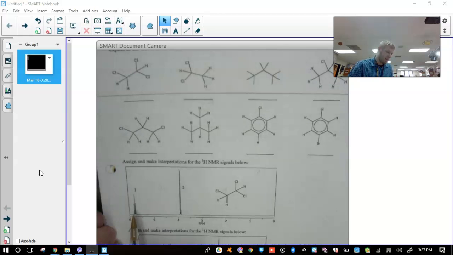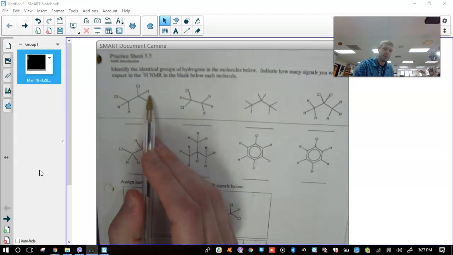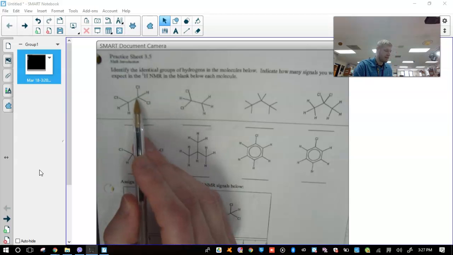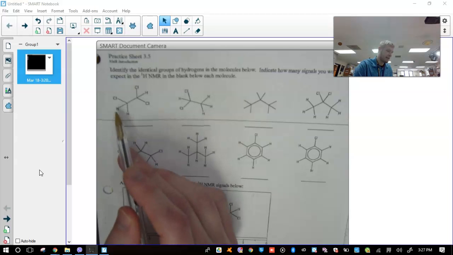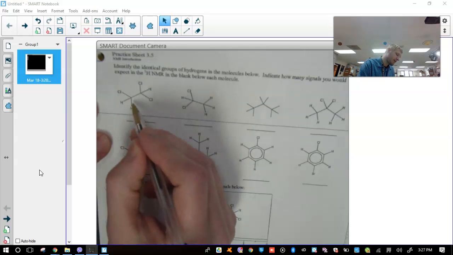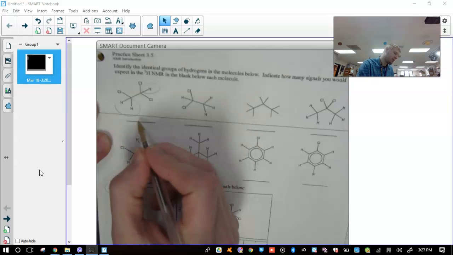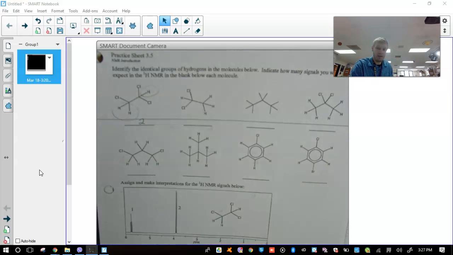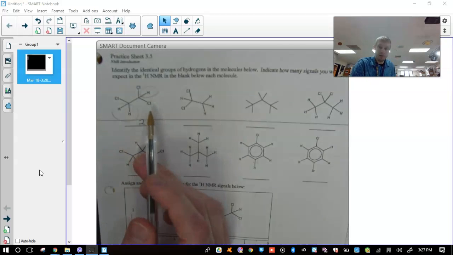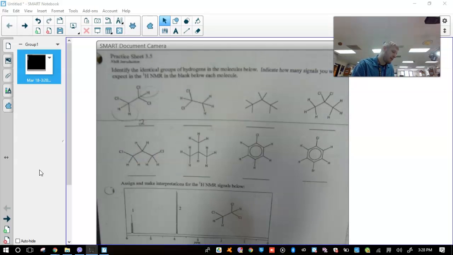So both of those are going to be represented by 1 peak. However, this hydrogen right here is connected to a carbon that's connected to 1 hydrogen and 2 chlorines. That's different than these. So really, we have 2 different peaks that would be shown if this molecule were to be put through an NMR device.